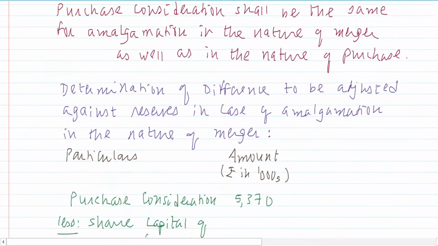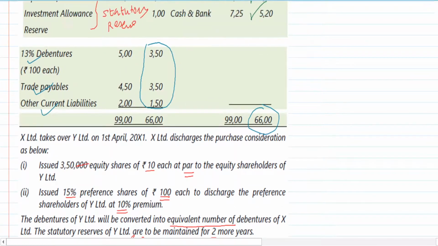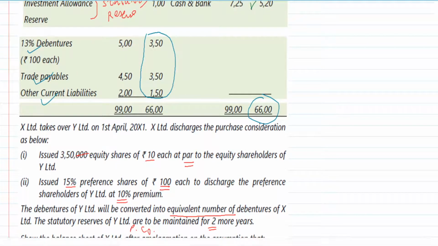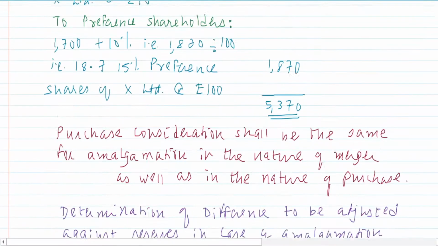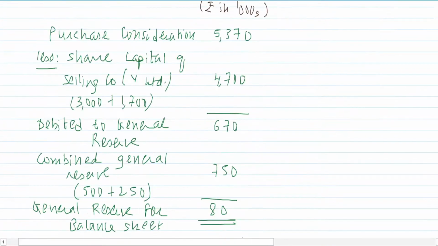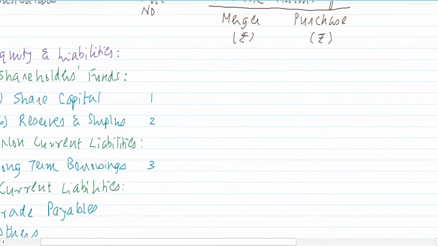We will get this from the balance sheet itself, the one which is there in the question. See, the trade payables, we will do line by line addition. Other current liabilities, we will do line by line addition. Actually, in purchase method, you can change the values, but they have not given us any other values. So I will just do line by line addition and present it in my balance sheet.